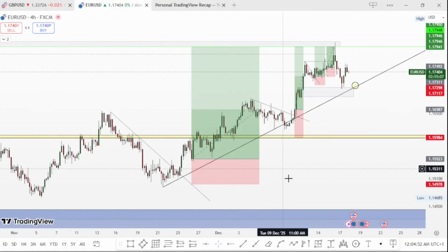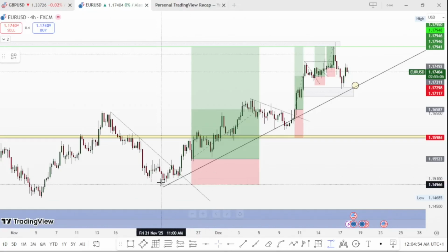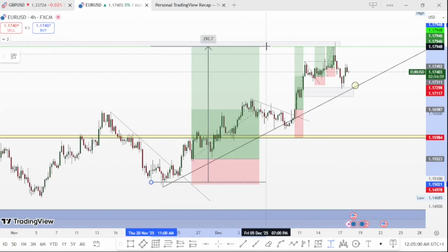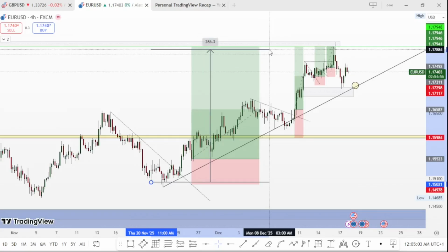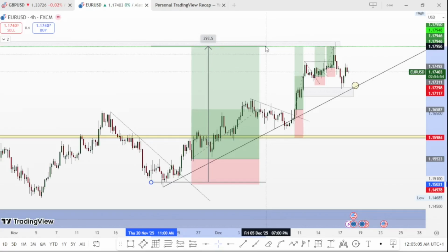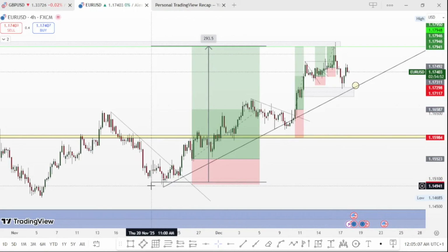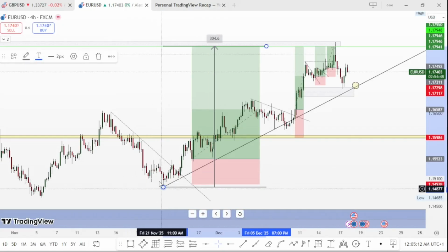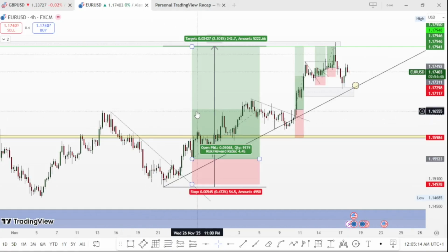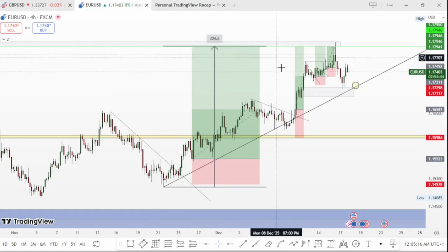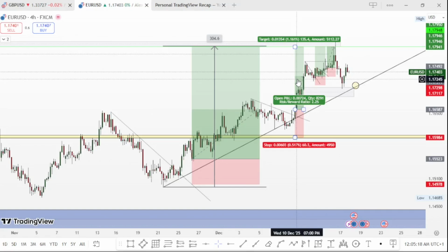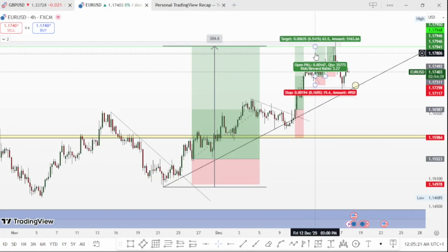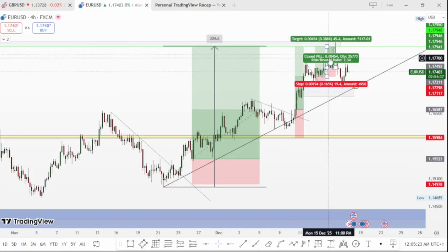So using a prediction of roughly 300 pips, if I'm not mistaken, I was able to capitalize on 242 pips plus 135 pips plus 63 pips plus 45 pips.